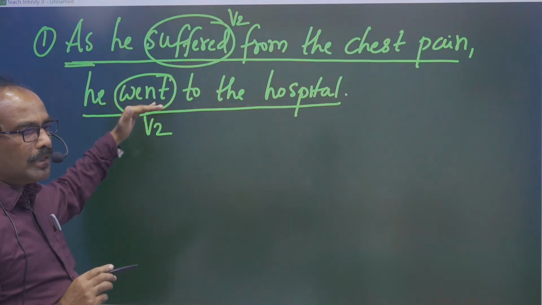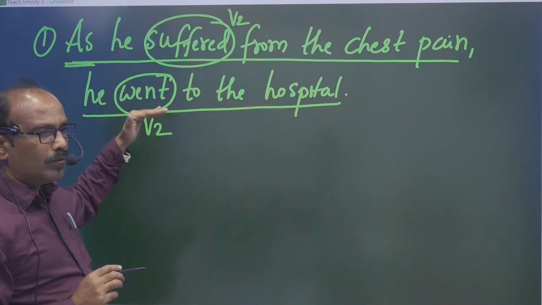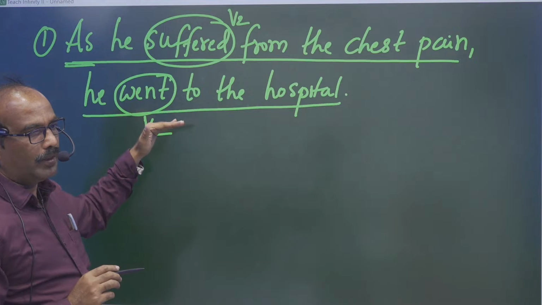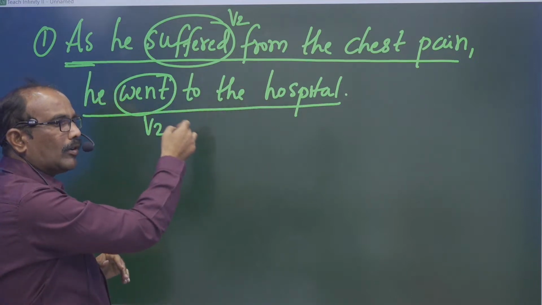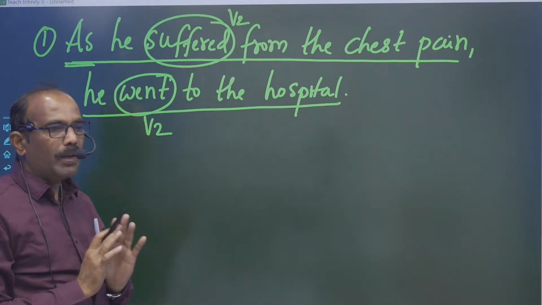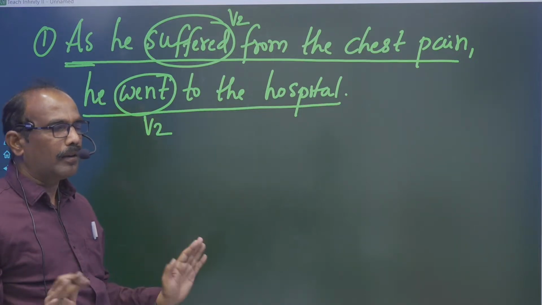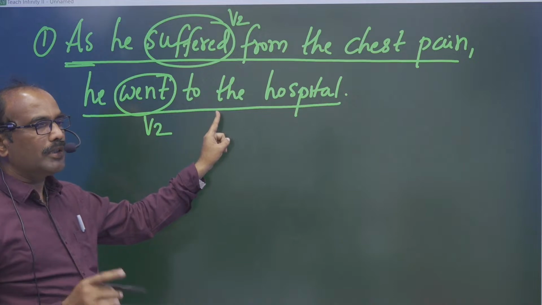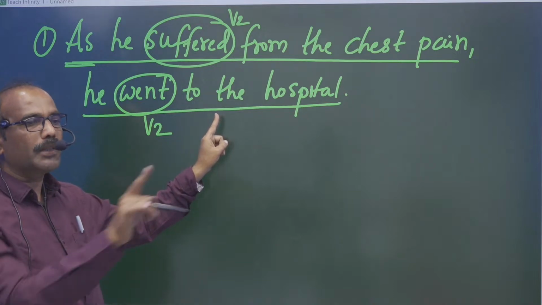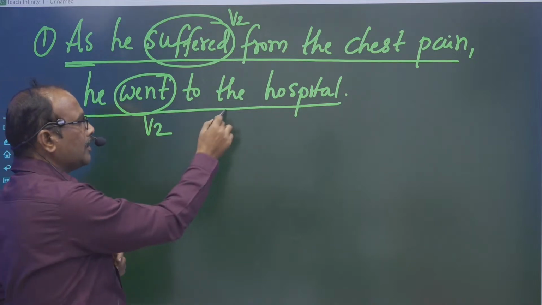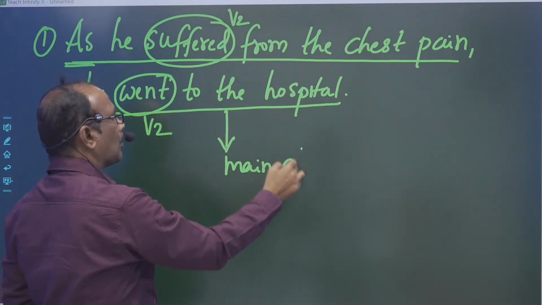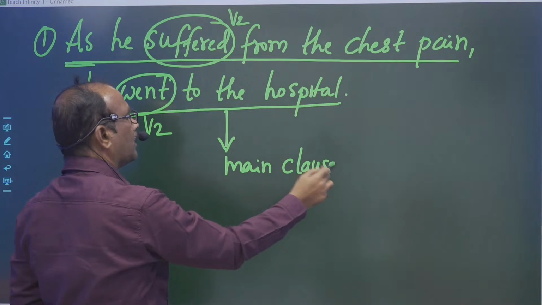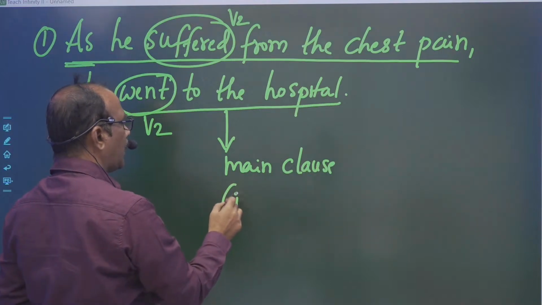The meaning of this clause is, he went to the hospital. So the meaning of this second clause is complete. It doesn't depend on any other clause. That's why this clause is called the main clause. Main clause, and the other name for it is independent clause.